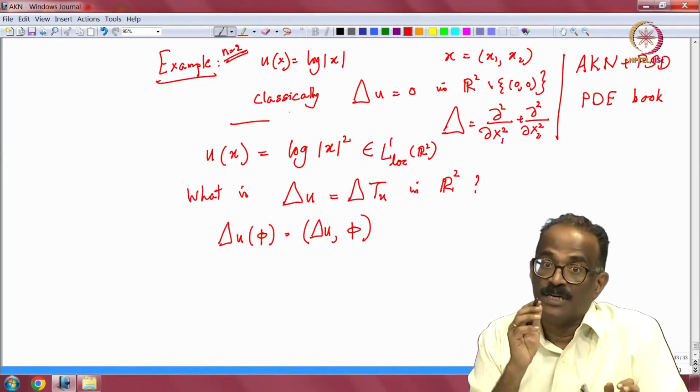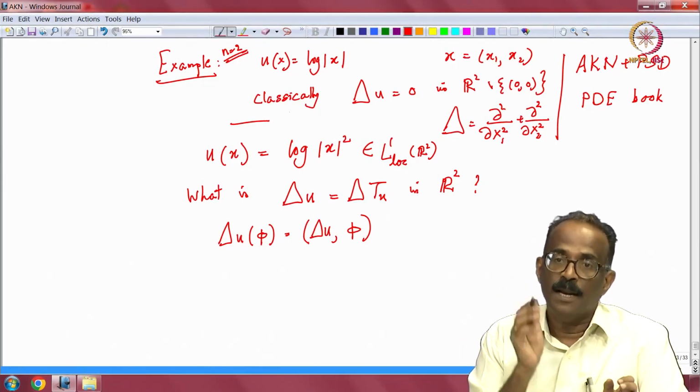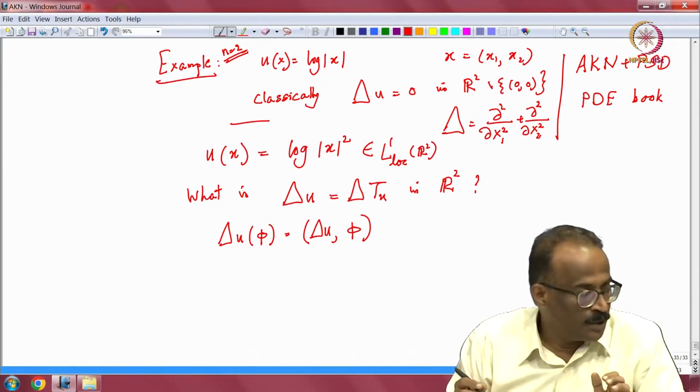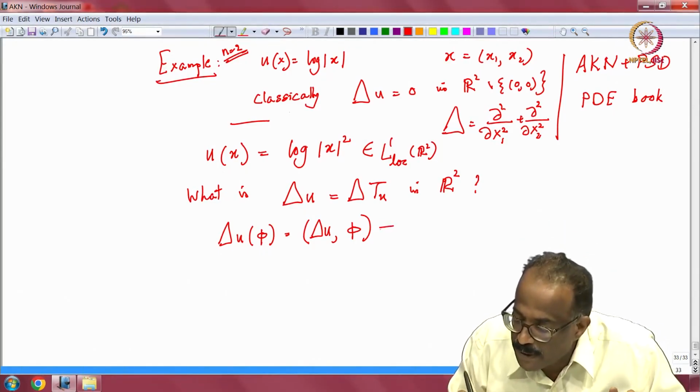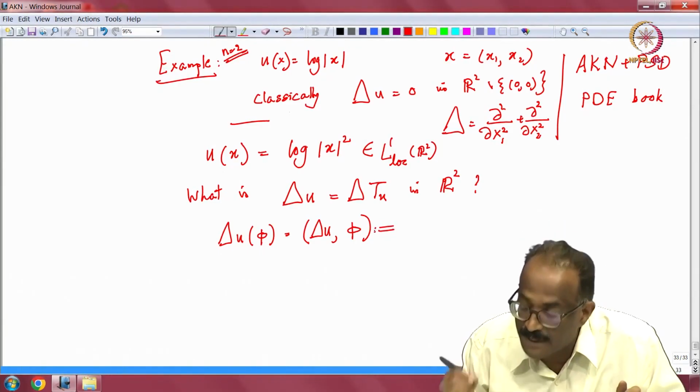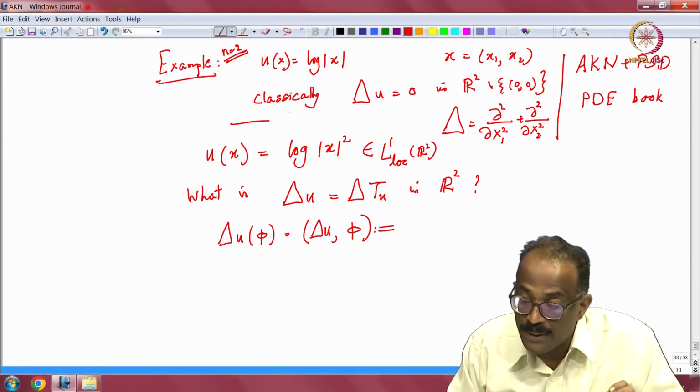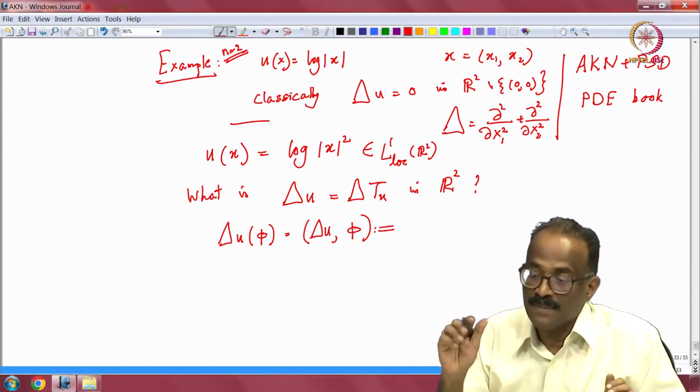But since u is a distribution, Laplacian u is also a distribution, so I do integration by definition. I have to do the derivative two times here, so the minus sign will go.